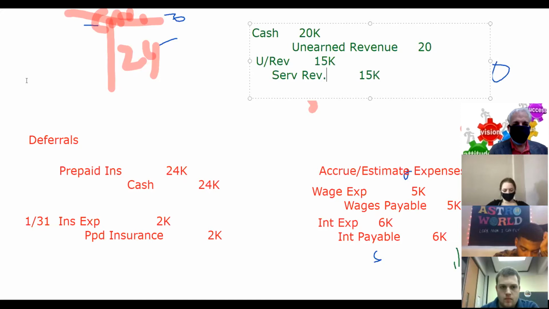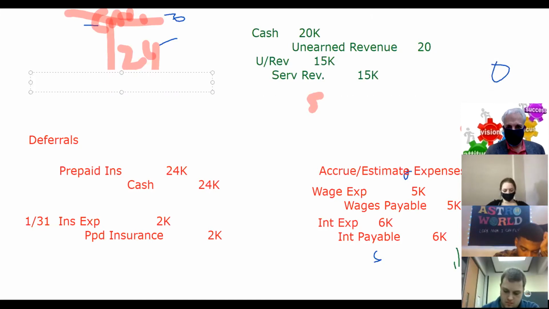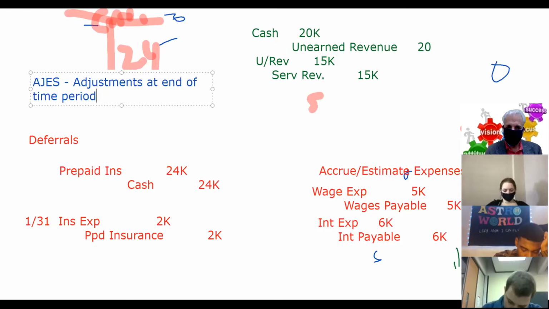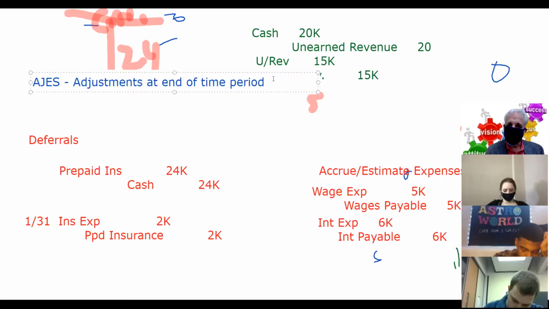So our whole point of adjusting journal entries, just abbreviate it now, AJEs, adjustments at end of the time period. Now, there are 2 other things that are unique about AJEs.